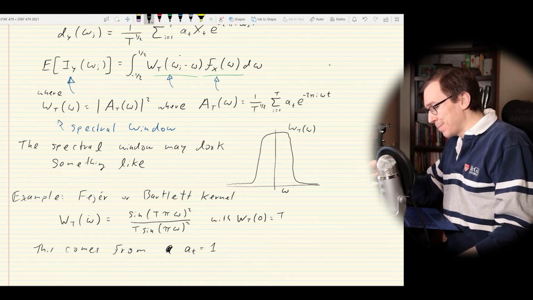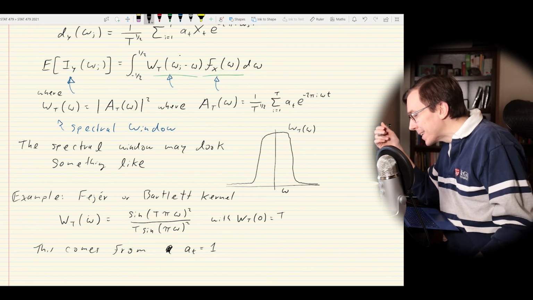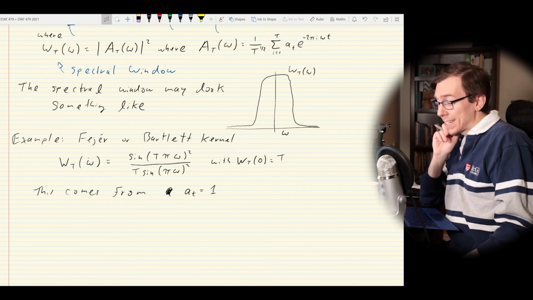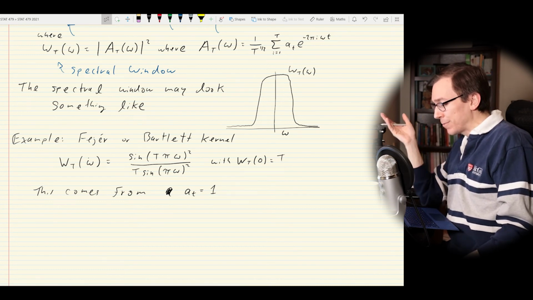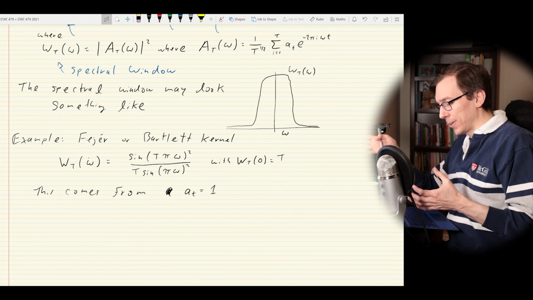And then what I end up with is my capital A is going to just be the sum of these complex exponentials, and when I take the squared modulus of that, I get something that looks like this. I haven't actually checked that myself. Maybe we can write it all out and check it, but not in this lecture. Roughly, it's just a way to note that we can integrate with respect to this kernel.